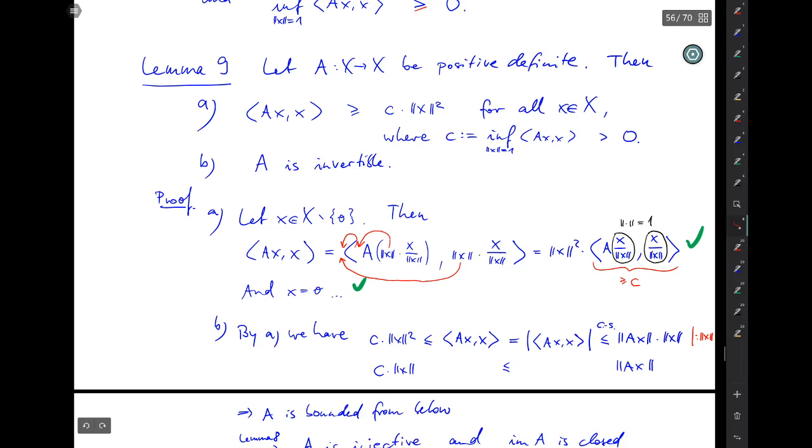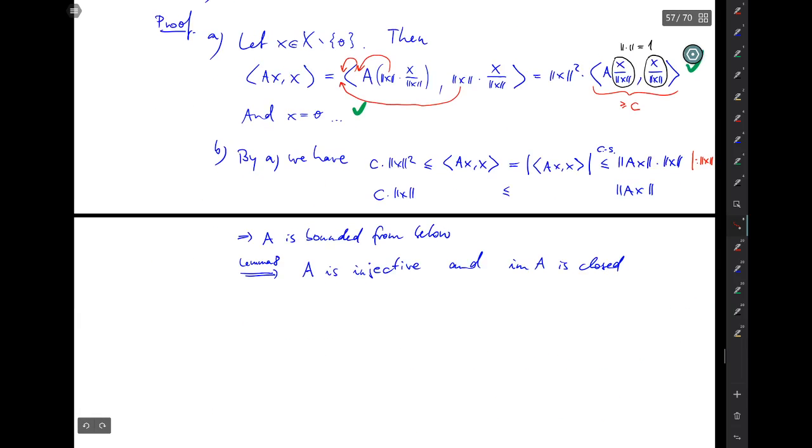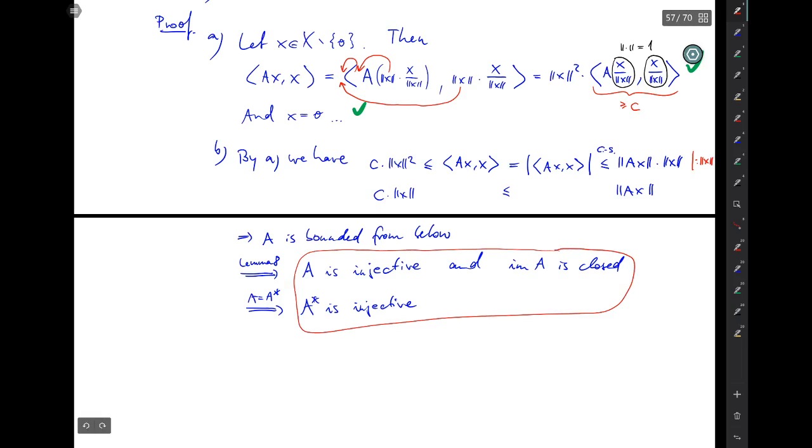But when we say positive definite, then we always assume that A equals A adjoint. So of course we should also use that. So then also A adjoint is injective because it's the same as A. Okay, but taking these three properties together by lemma 7, we get invertibility of A. And this finishes the proof also of part B.